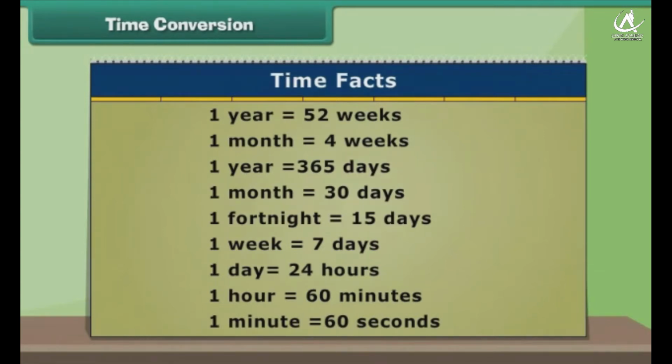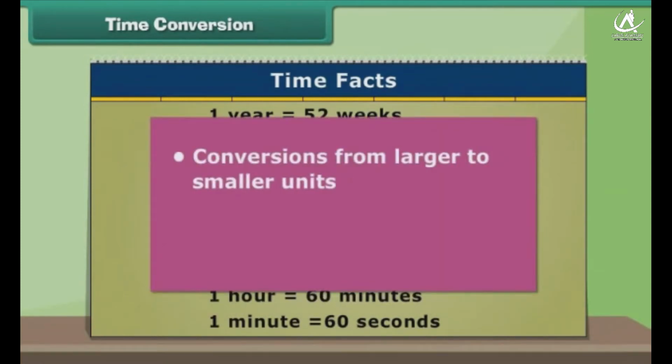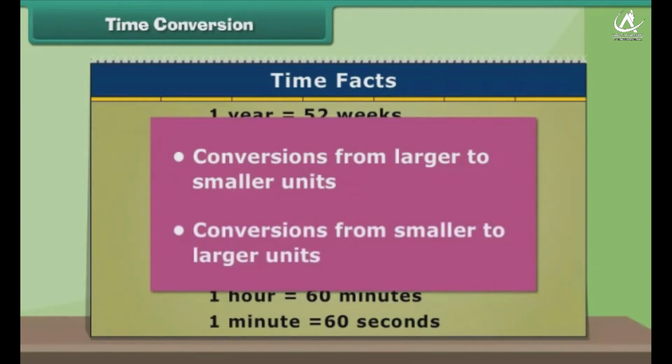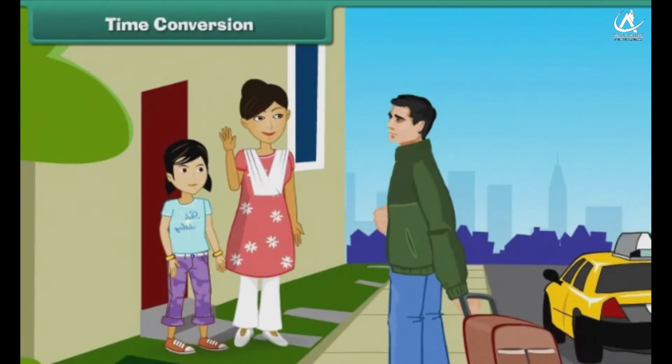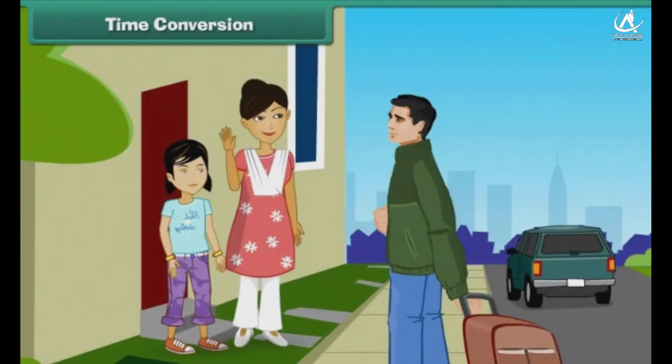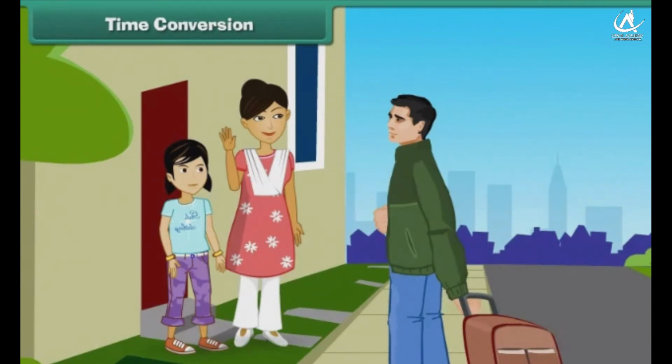Let us put these facts to use and perform conversions from larger to smaller units and conversions from smaller to larger units. Larger to smaller units. Rashmi's father has left for Dehradun. He will be there for a week and 7 hours.